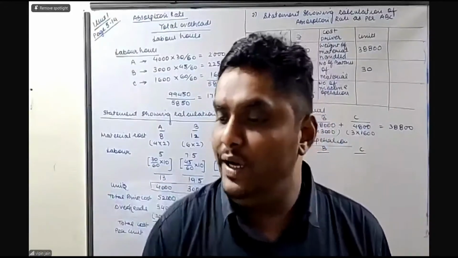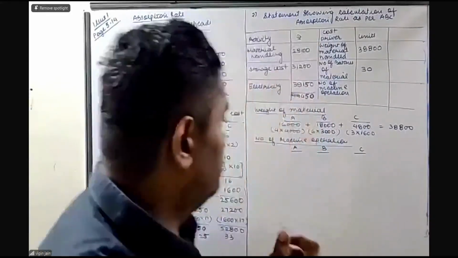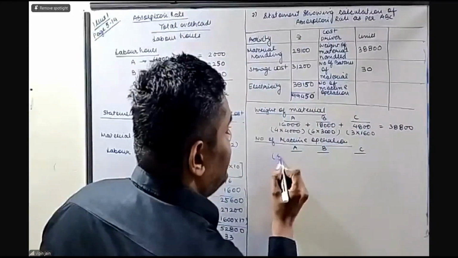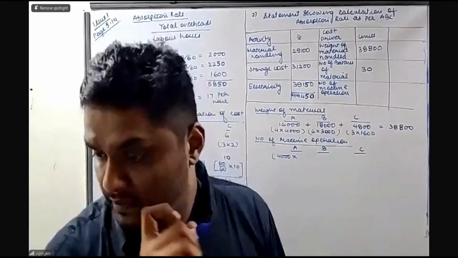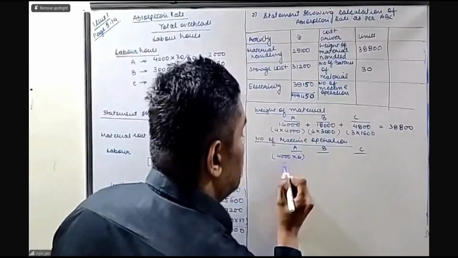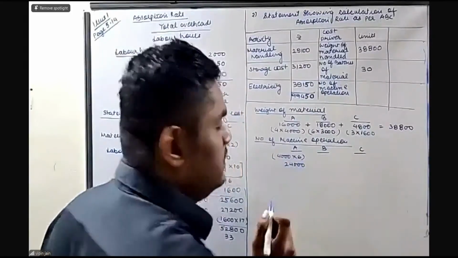So we have to calculate the total machine operations. For A, 4,000 units are manufactured into 6, so this will be 24,000.